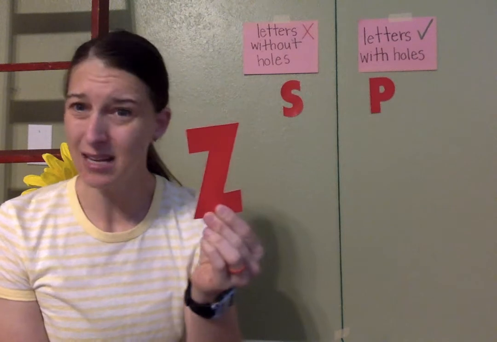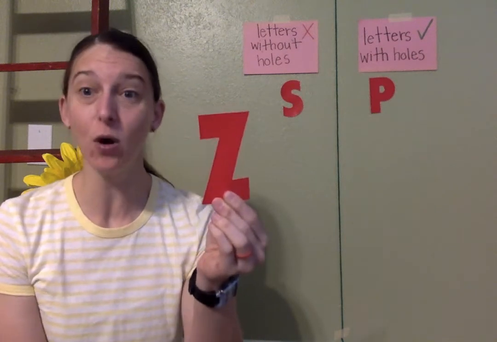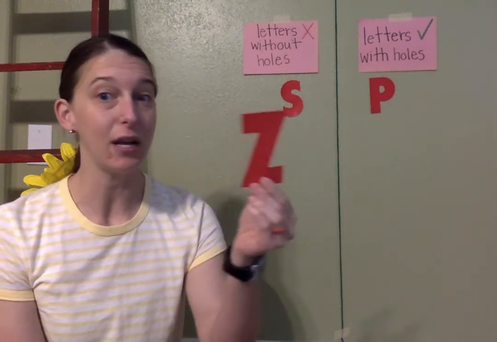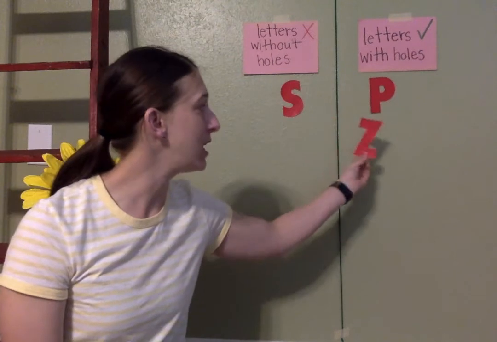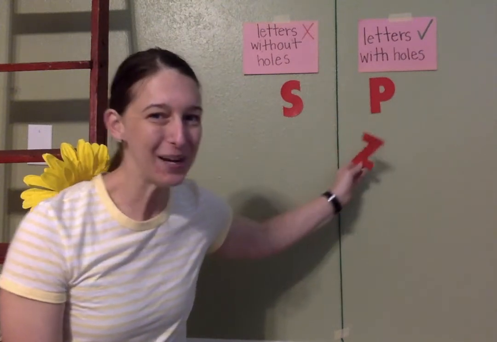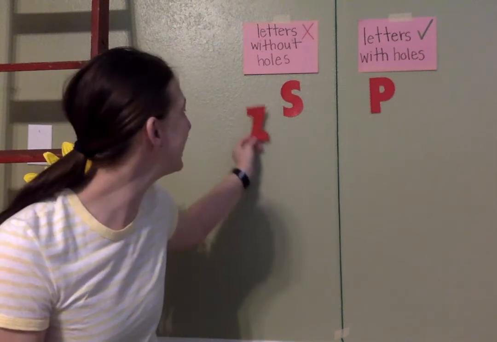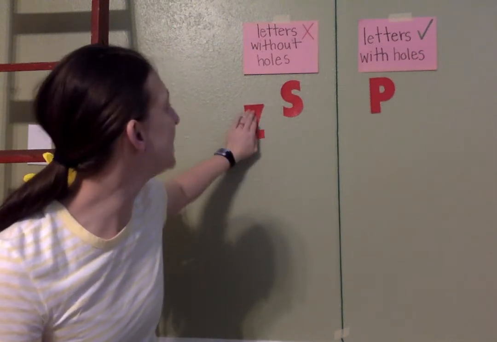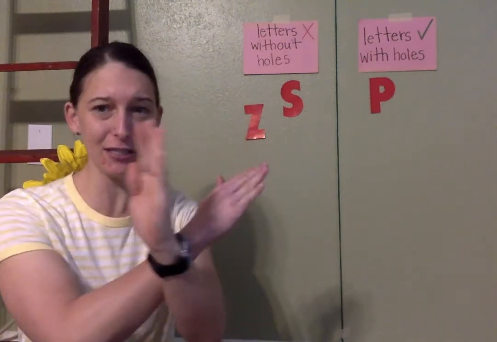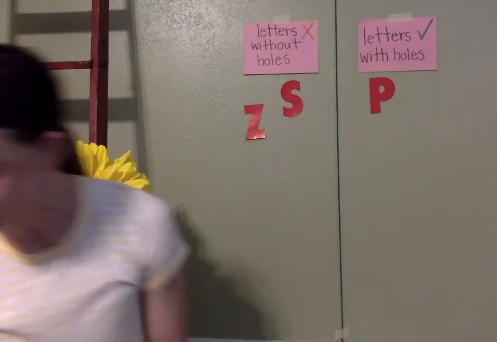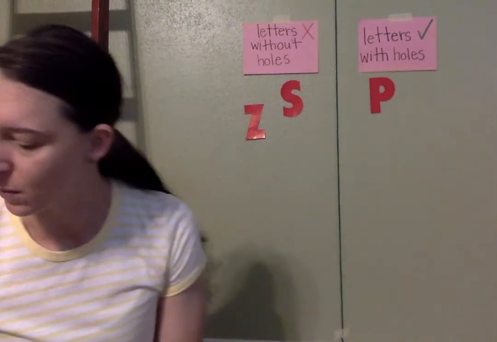I don't see any holes. So where should I put it? Should I put it over here with P? No. Should I put it right here of the ones that don't have a hole? Ding, ding, ding. Z, I'm sorry, but you do not have a hole. All right, let's take a look at our next one.